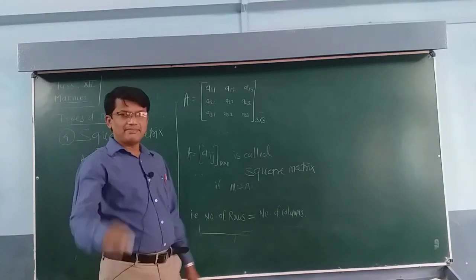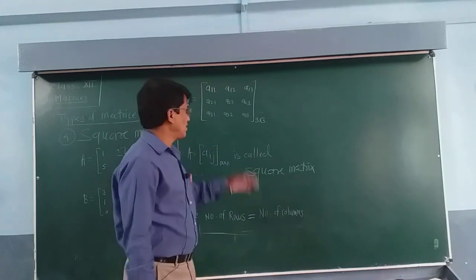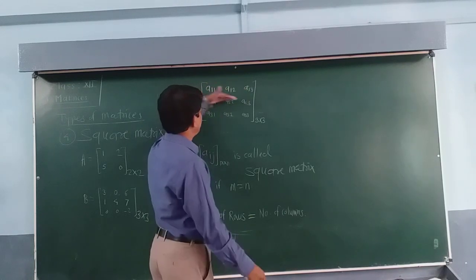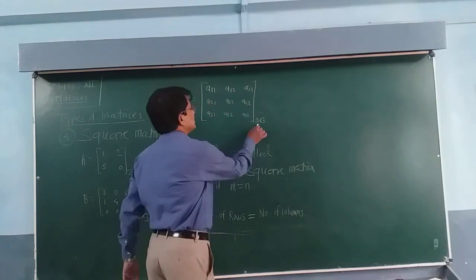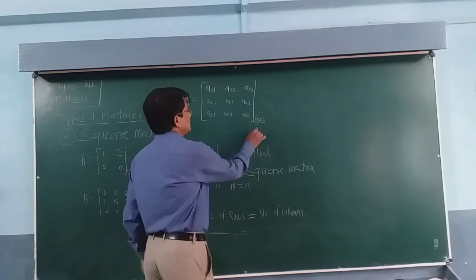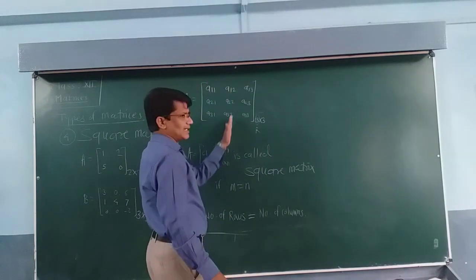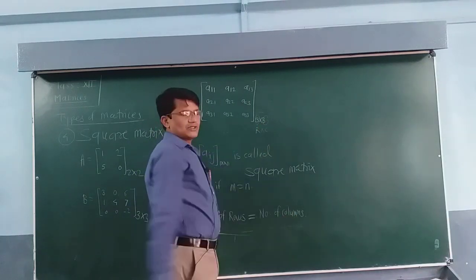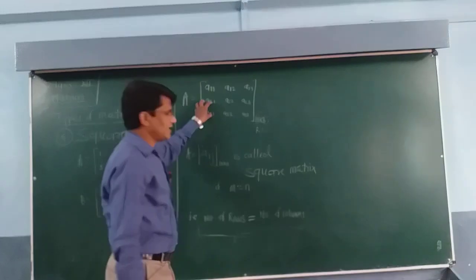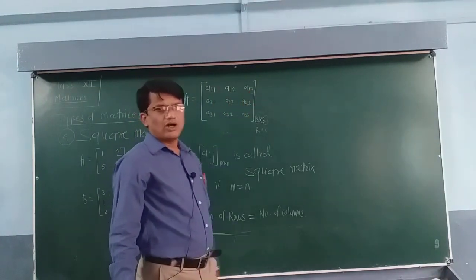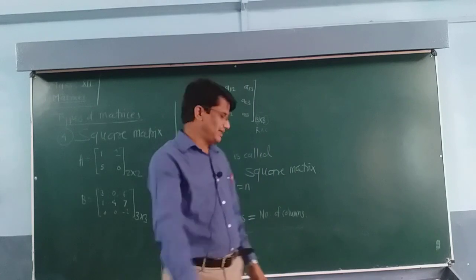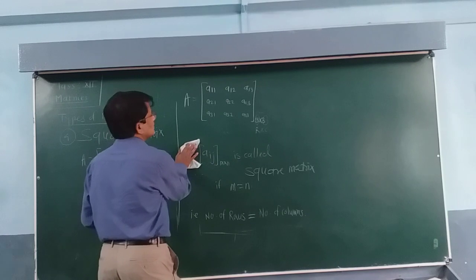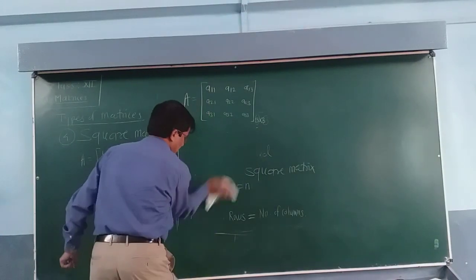Here we have row number first, second, third, so these 3 represent rows. Column first, second, third, so another 3 represent columns. So this is a square matrix of order 3 by 3.